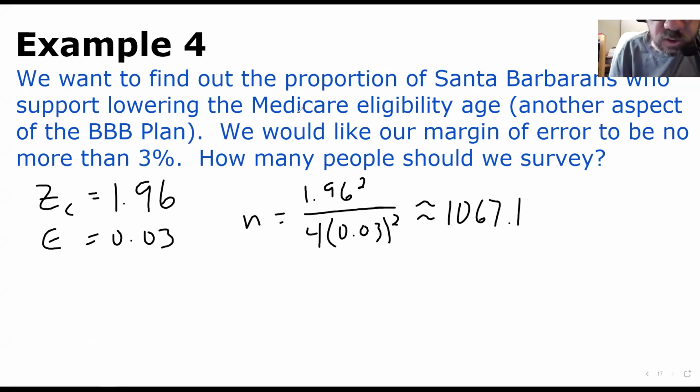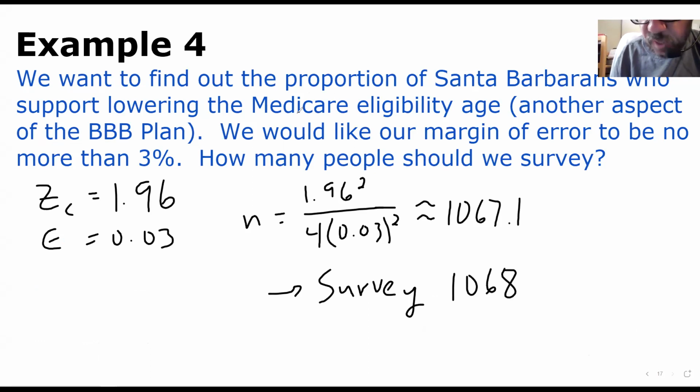So we need to survey 1,068 people, which will give us a margin of error that is actually slightly smaller than we were wanting. But if we do one less, it would be slightly larger than we were wanting. So we've got to do 1,068 to do slightly better than we wanted.